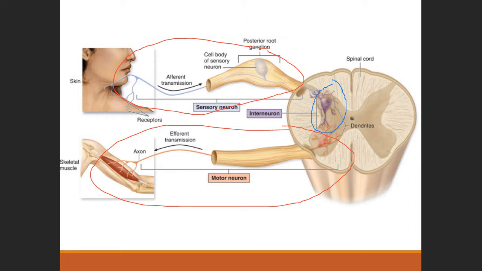So to form our complete reflex arc, the sensory neuron detects the stimulus, synapses with an interneuron in the gray matter of the cord. That interneuron synapses with the motor neuron at the same level, and the motor neuron sends a signal out to the muscle.